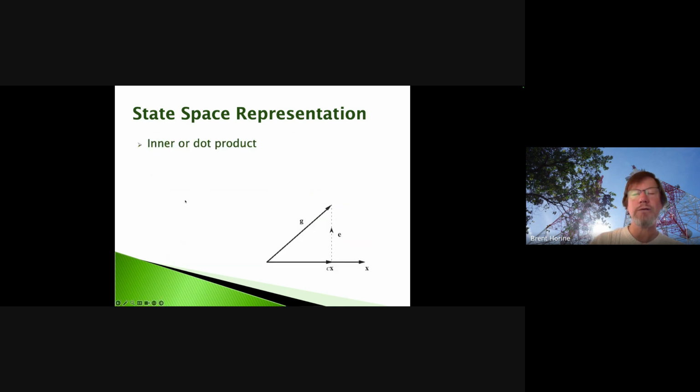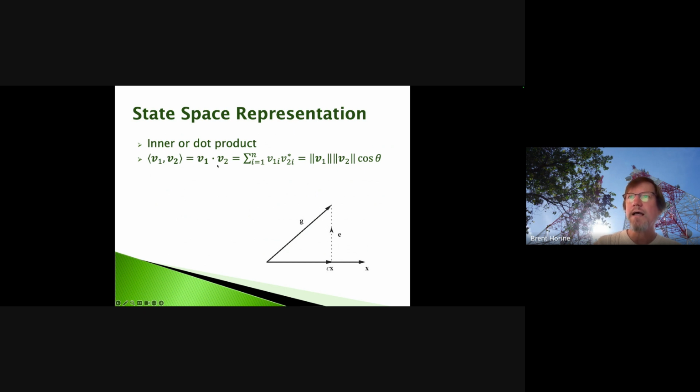So we use the inner product, or most of the time we call it the dot product, as engineers. And that can be noted in a few different ways. This is maybe the notation we're used to, where we have a vector 1 and a vector 2, and there's the dot product.